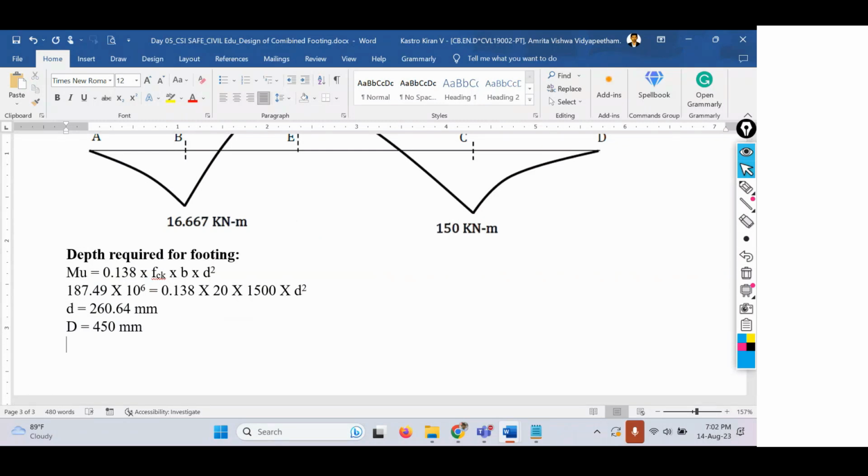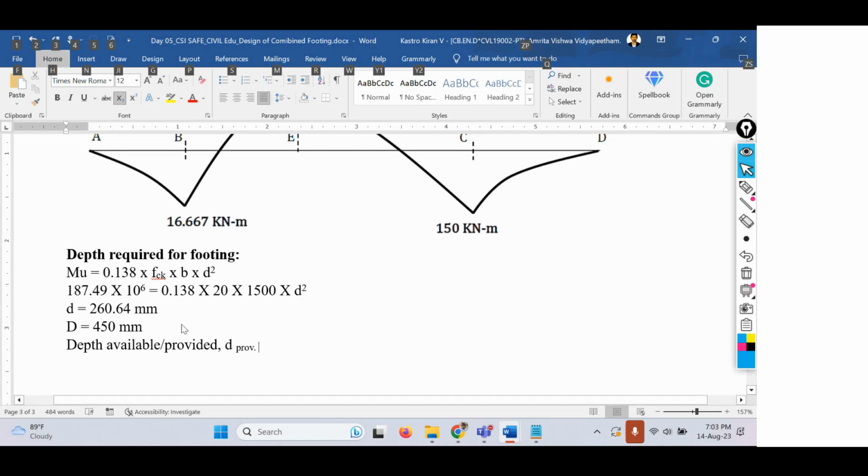So depth provided or depth available, D provided, I'll just make it D prov. So depth provided equals, I'm just assuming the clear cover as 50 mm, that's for footings. So the overall depth minus clear cover, that is 50 mm, minus the diameter of bars divided by 2, which I'm assuming as 16 mm diameter bars.